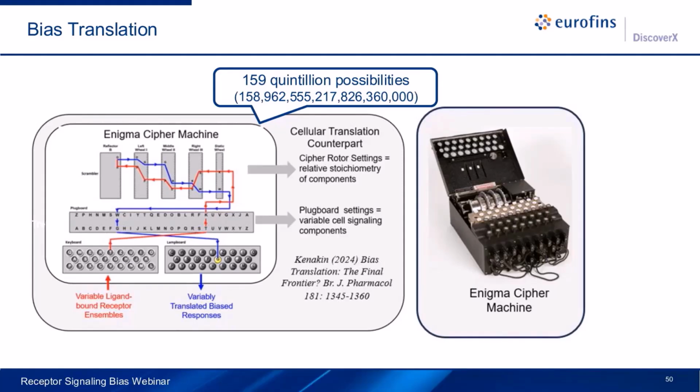And each day they would change these wheels. So what came out was very different each day. And this was thought to be well nigh unbreakable. You have 159 quintillion possibilities.